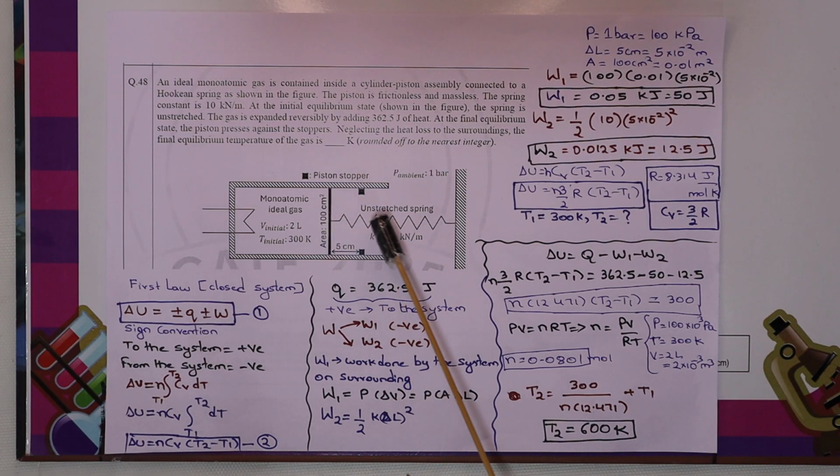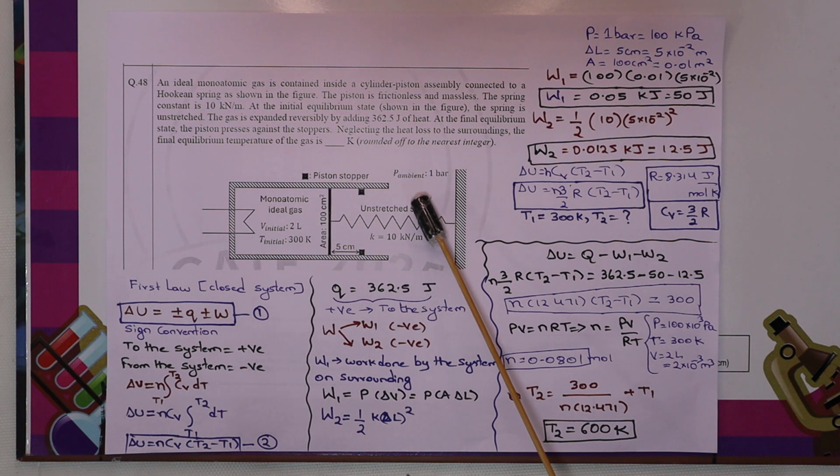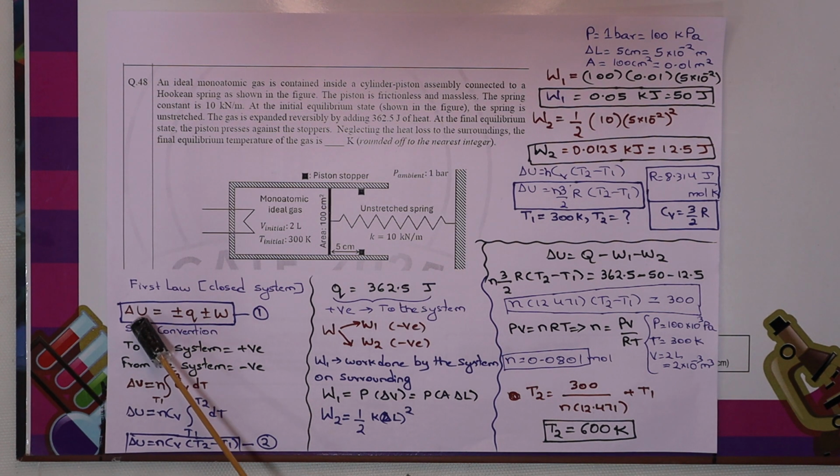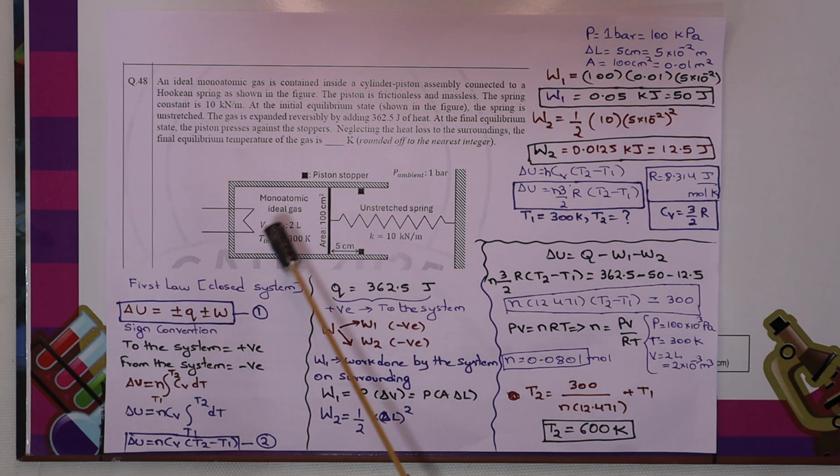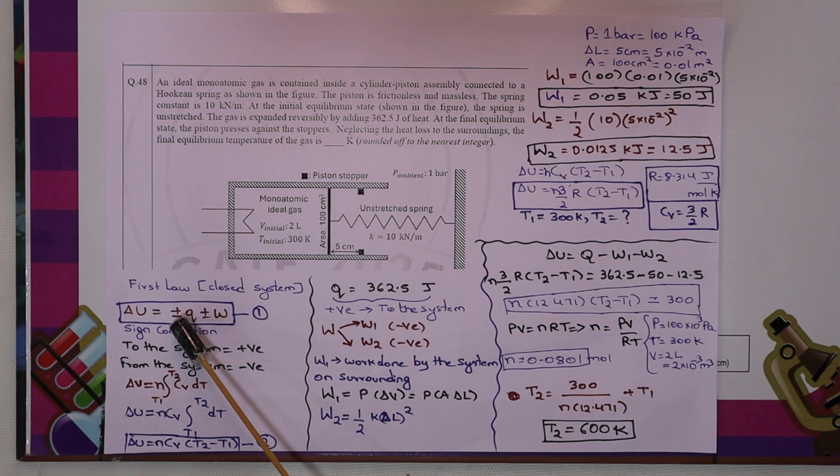One is against the spring, second is against the atmosphere. The total work comes from these two different works, which has to be taken as negative because the system does work on the surroundings. So the change in internal energy, that means before and after, delta U, is plus Q and minus the two works.